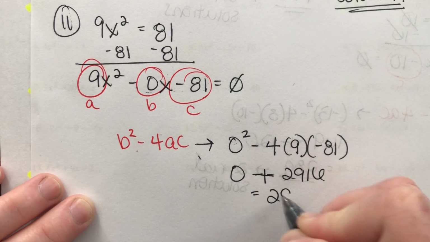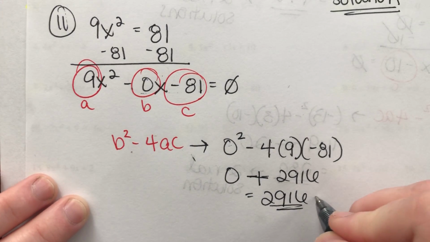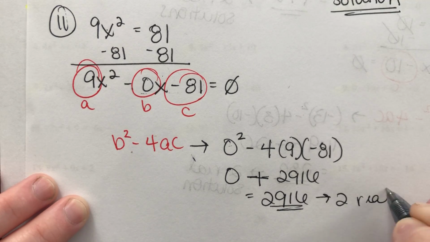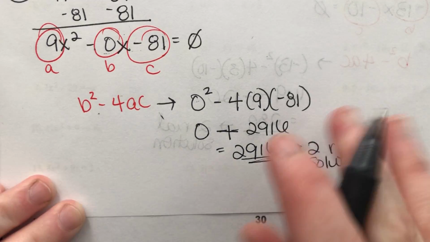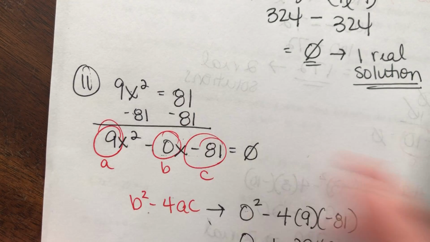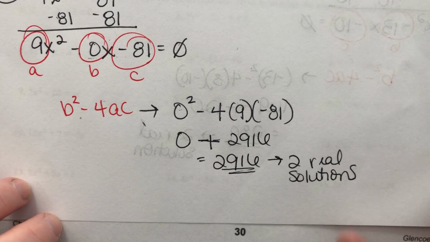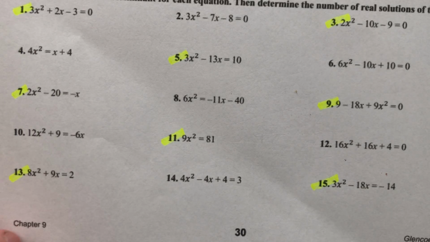So my answer is positive 2916. That means I'm going to have 2 solutions to this quadratic equation. Okay, let's do a couple more. That was number 11. We got 2 more to go.